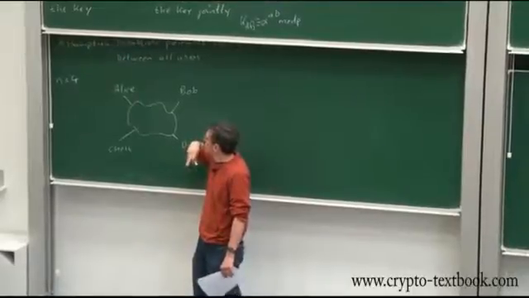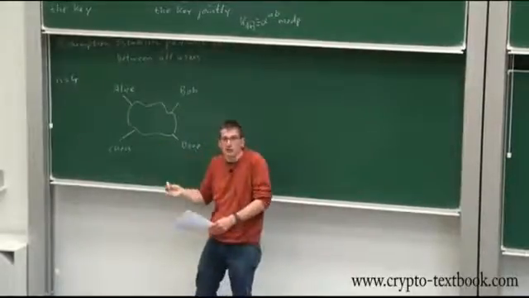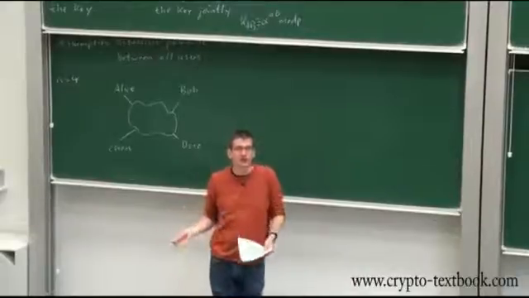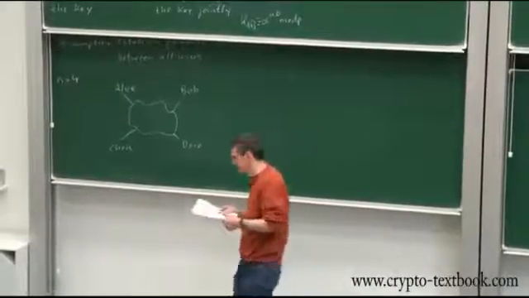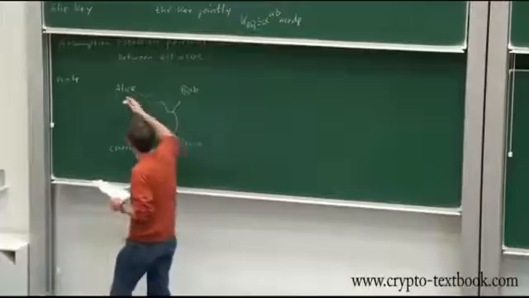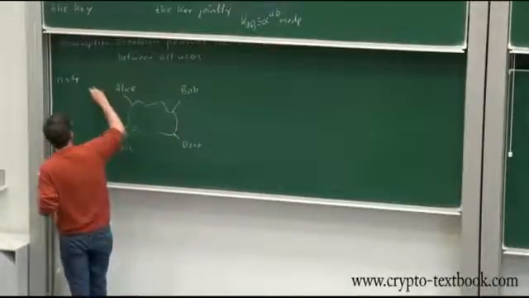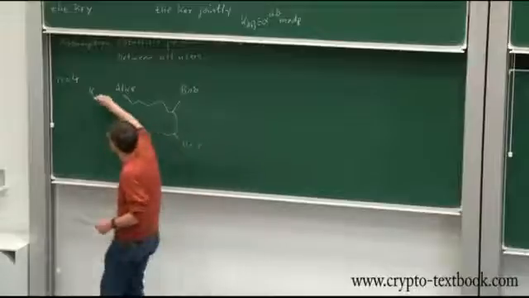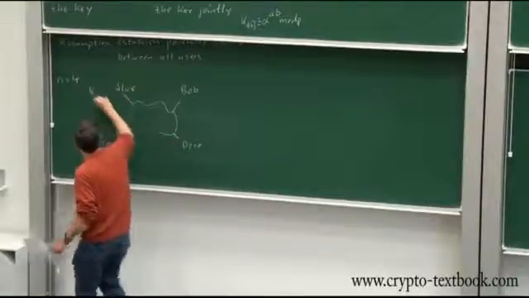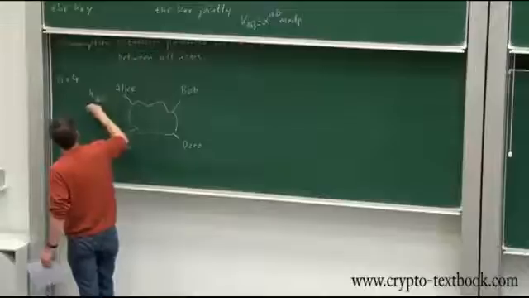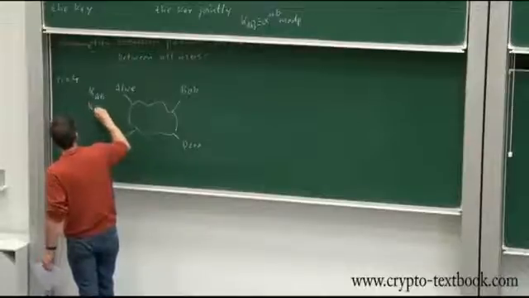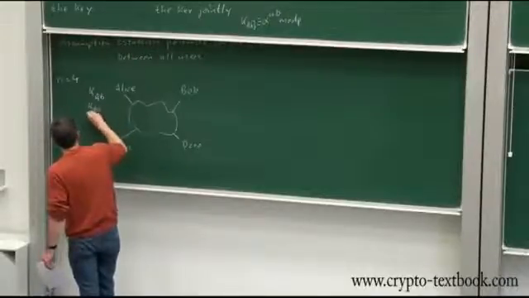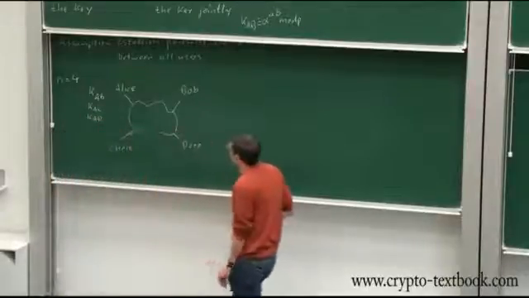A naive approach is, okay, we know symmetric key cryptography, so every user pair gets a key. So what kind of keys does Alice need? Alice needs to share a key with Bob, she needs to share a key with Chris and with Doro or Dorothy.